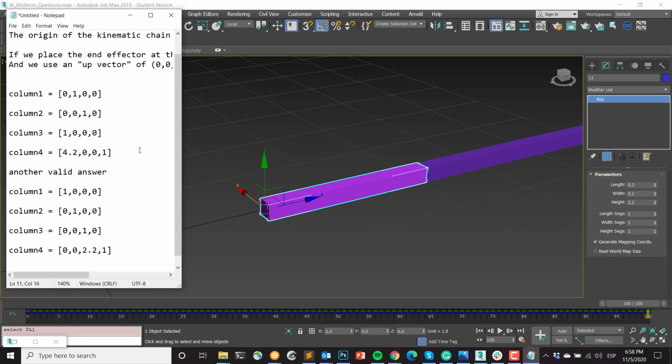Also someone could think that the local coordinates of the links have the vertical axis not as the z value but the y value. So it means that the columns will need to change, because now you need to assume that the one pointing to the end effector is not the third column but the second column. And if you answered the questions like that, we were giving full marks if everything was correct, assuming that it was the y value.